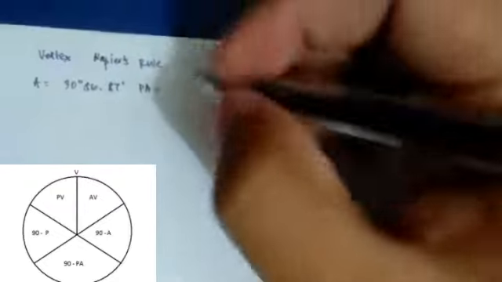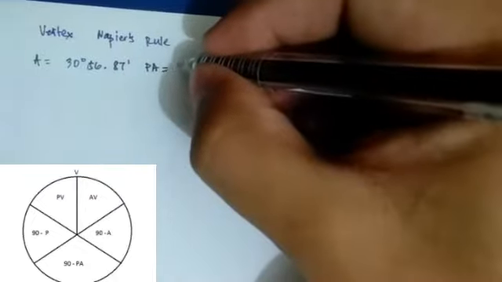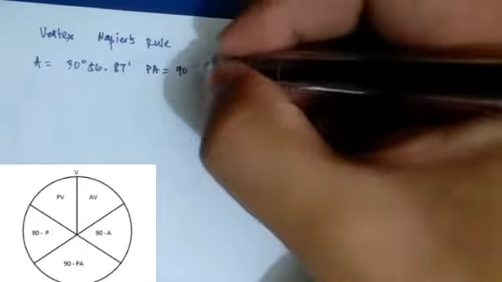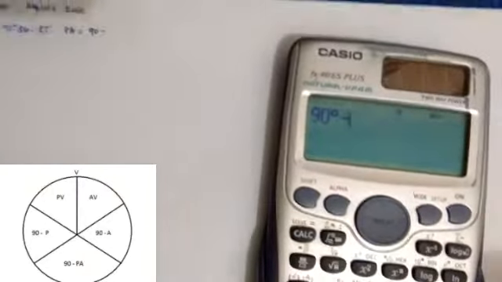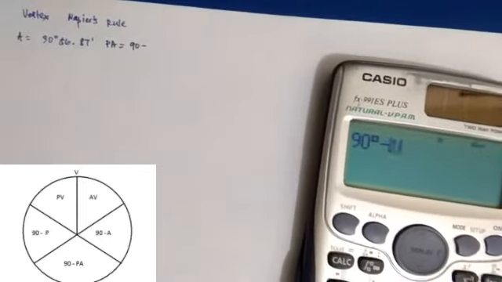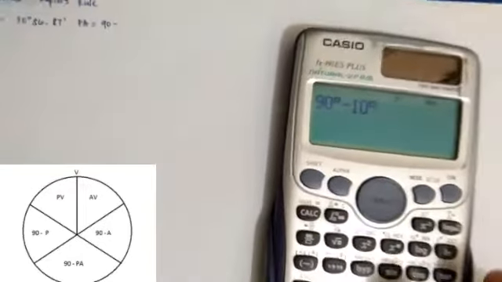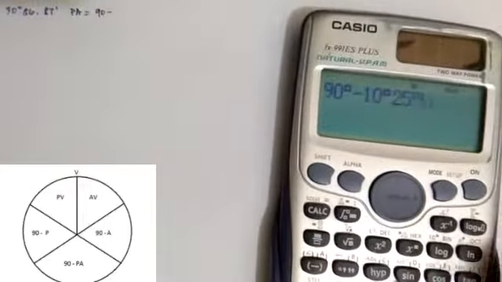In finding our PA, we need to use 90 minus our latitude A, which is 10 degrees and 25 minutes. So 90 degrees minus our latitude A, which is 10 degrees and 25 minutes.